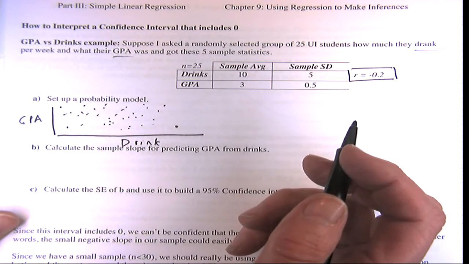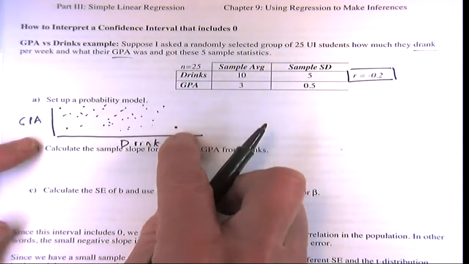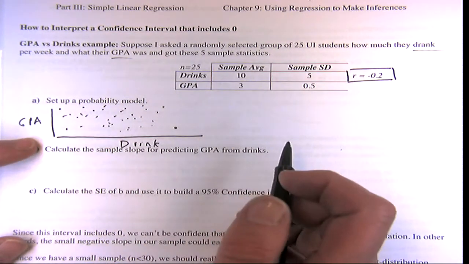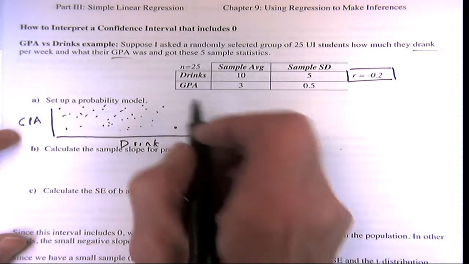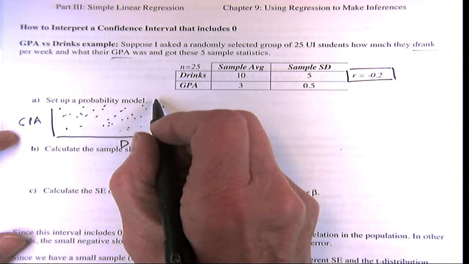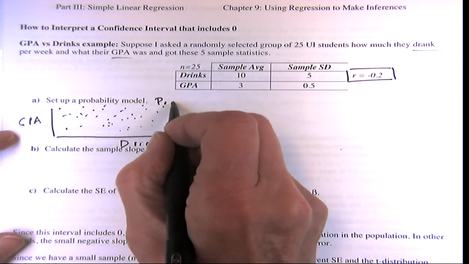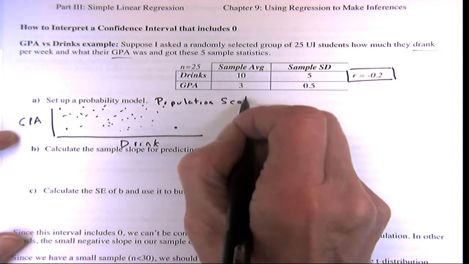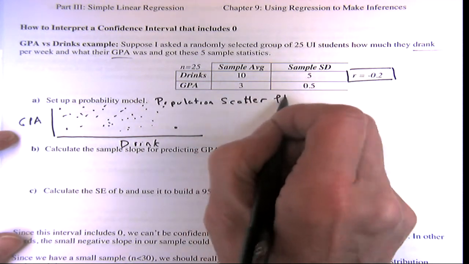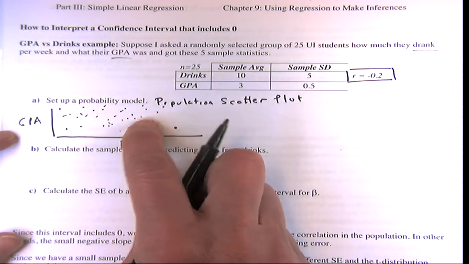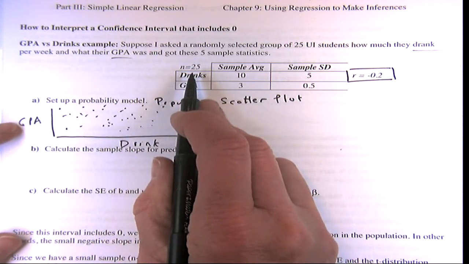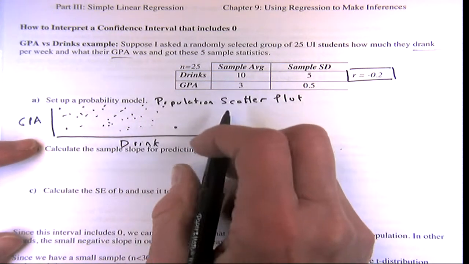So what we do then is, this is called the population scatter plot because it represents the entire population. So we'll say a probability model will make a population scatter plot. And then from that, we sample n equals 25 students out of here.